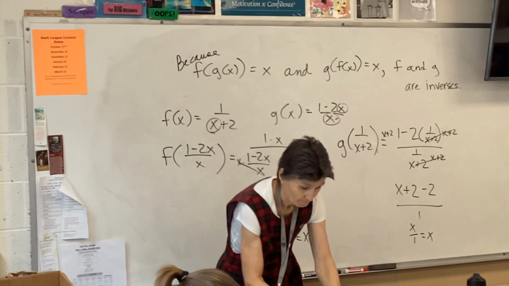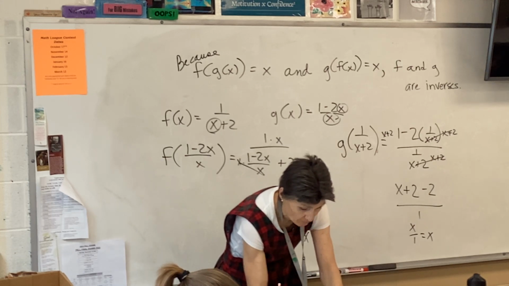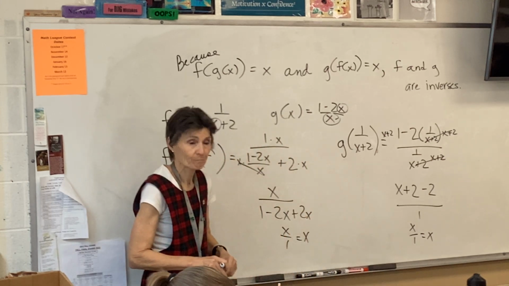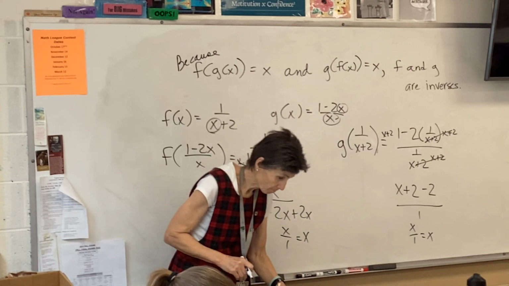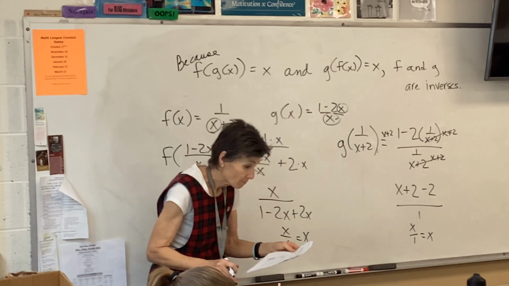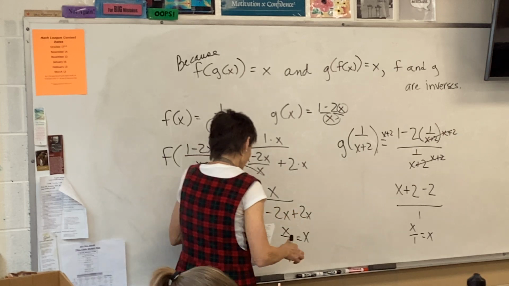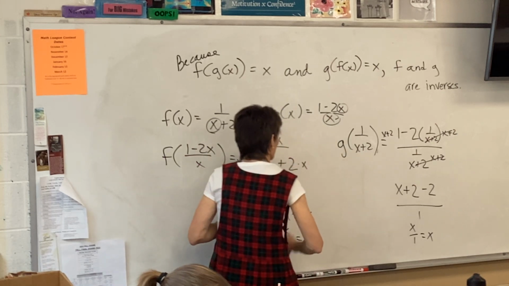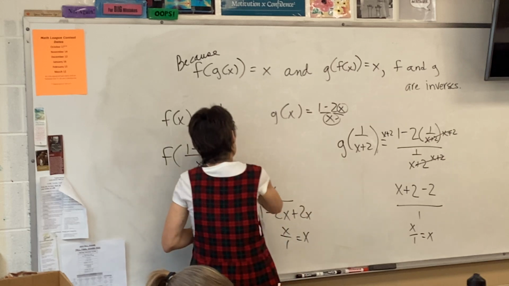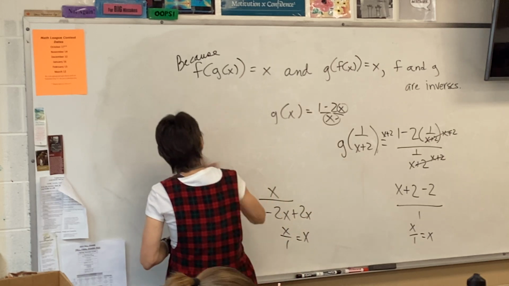Okay, what else? Who else has a question from something somewhere? 2.4 on the review question one. Okay, so we need to recognize, well, first of all, what does it mean to be a horizontal translation?